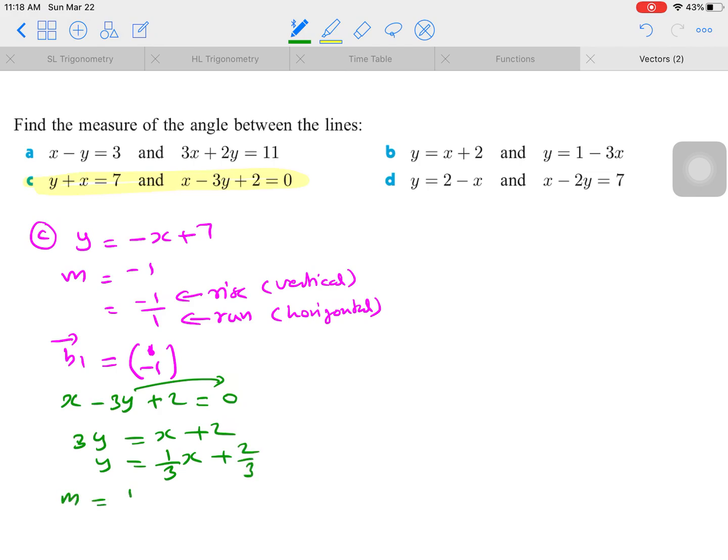So the gradient would be 1 by 3, which is rise, vertical, over run, horizontal. Therefore, my b2 vector would be horizontal, which is run, 3, and then vertical, which is 1. So we found both the b1 vector and the b2 vector.